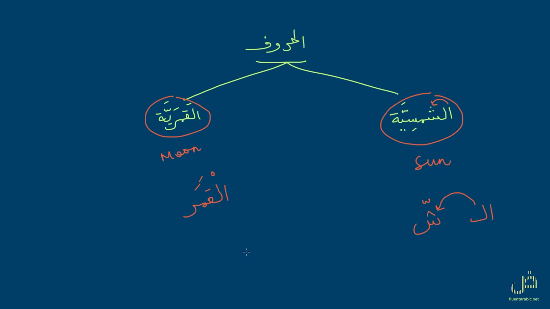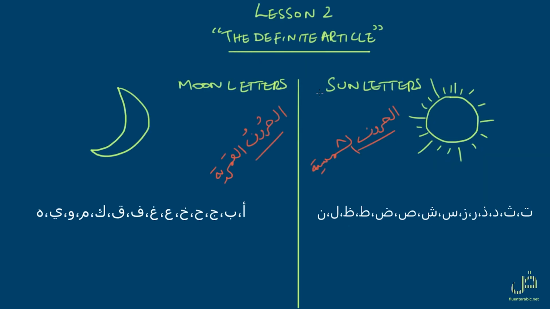So these are the two categories of the huruf in the Arabic language. Exactly half of the letters in Arabic are shamsiyya and the other half are qamariyya.